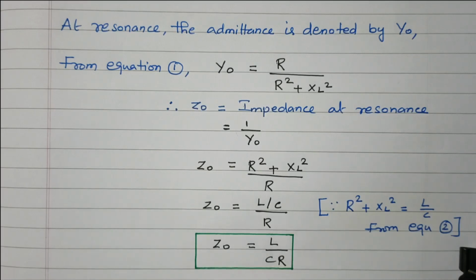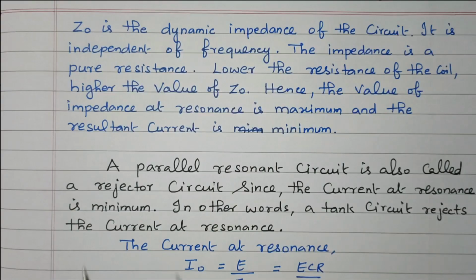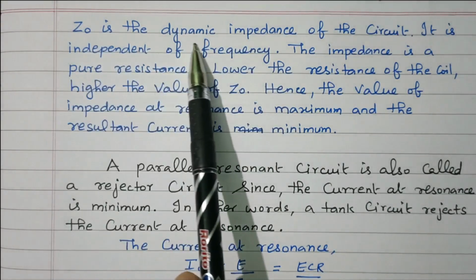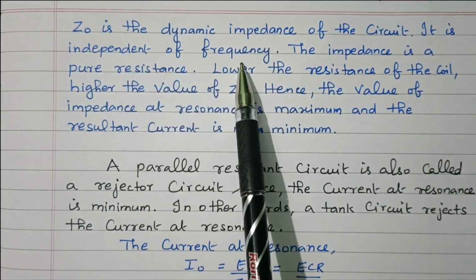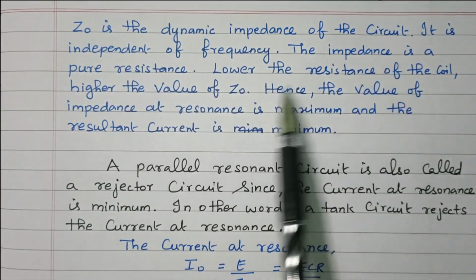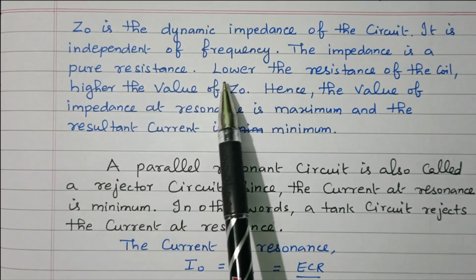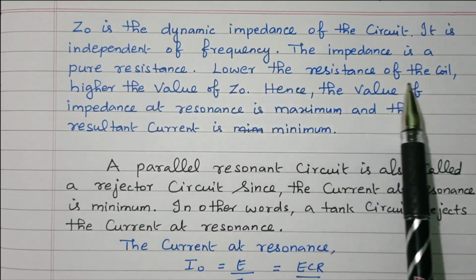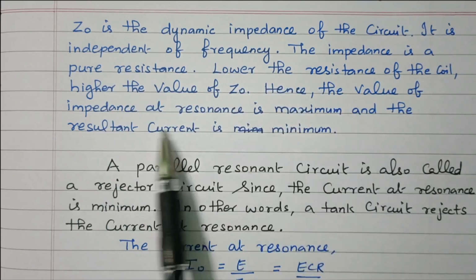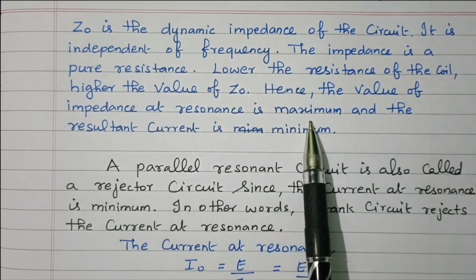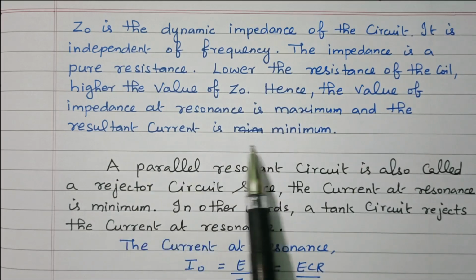Now we'll see the further details. Z naught is the dynamic impedance of the circuit. It is independent of the frequency. The impedance is a pure resistance. The lower the resistance of the coil, the higher the value of Z naught. Hence the value of impedance at resonance is maximum and the resultant current is minimum.